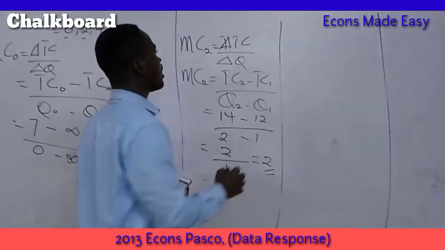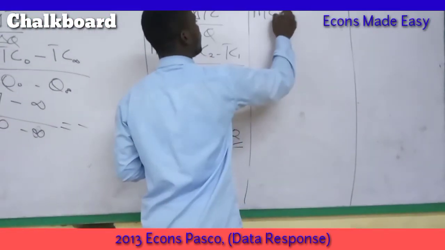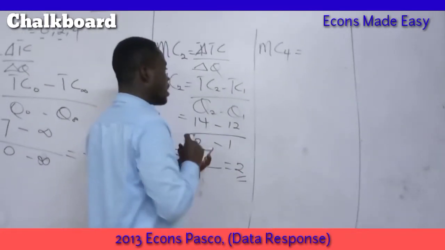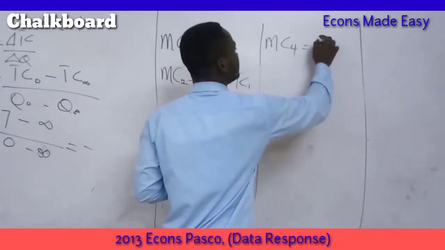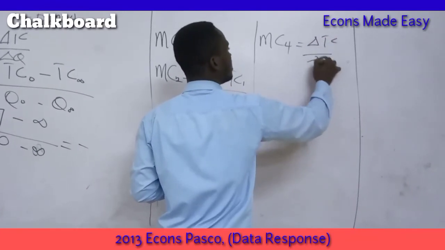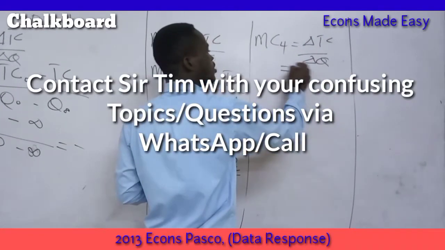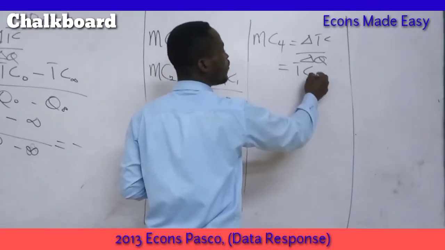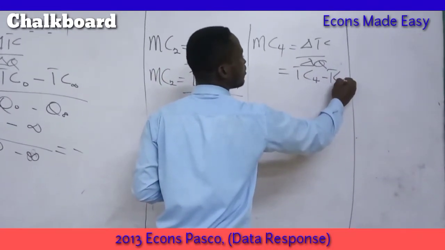Now let's come to marginal cost of output 4, which is the last one for the marginal cost. The marginal cost for output 4 is going to be change in total cost all over change in what? Quantity. And so now we are dealing with 4, so it's going to be TC4 minus TC of what? 3.